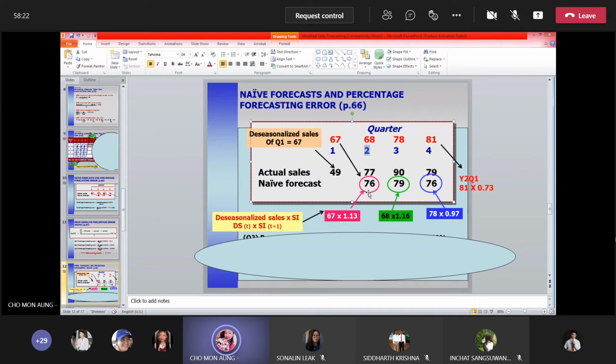Is that clear? You continue looking at the other two, and you'll get more idea, okay?